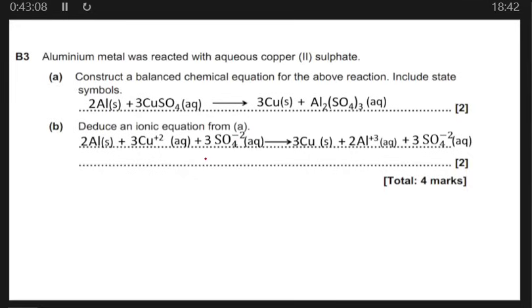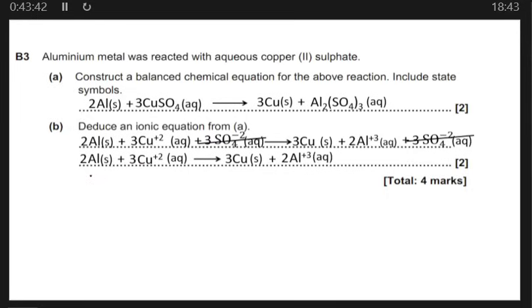So here you can see we have sulfur here in aqueous and sulfur here in aqueous, so it will cancel. Sulfur and sulfur here should cancel, then we remain with aluminium here plus copper, then aqueous, this will give us then copper here plus this aluminium here aqueous.